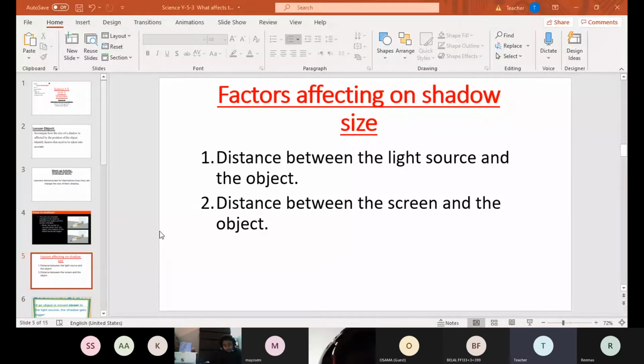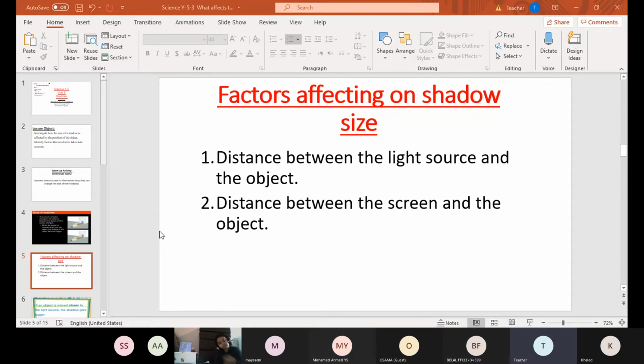Right? So your points should be clear about where you are working. I asked for the controlled factors. If you are not going to change this distance, we call this the control factors, because one thing should be kept in a fixed position. You need a light source, an object, and a screen. Keep one thing constant.